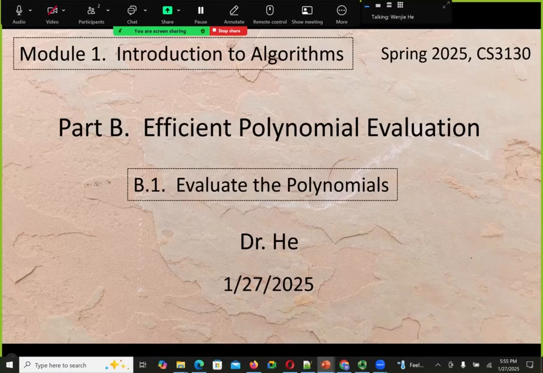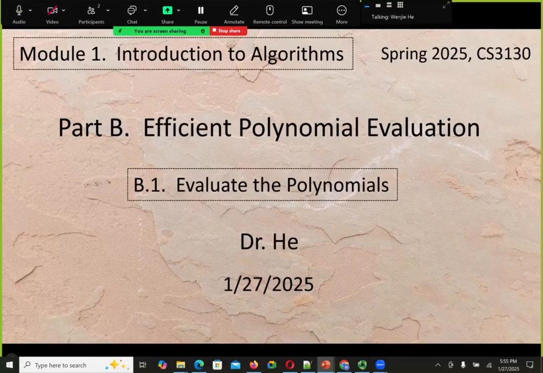This problem is very interesting and not hard to understand because we know what a polynomial is. So we are familiar with the polynomial concept, and we also know how to do polynomial evaluation.